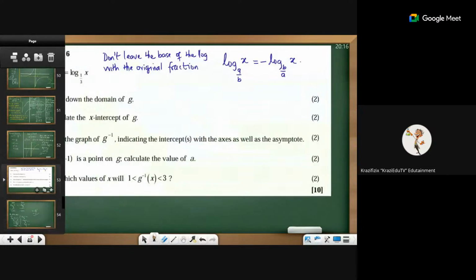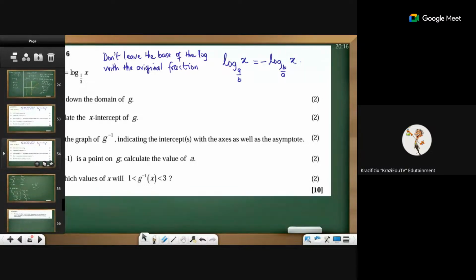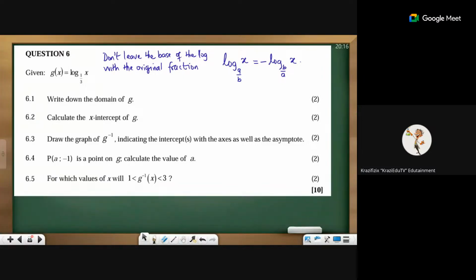Now that we know what the trap is, I see where the trap was going to catch us. The trap was going to catch us on 6.5. Can you see that inequality there? Or it might not, because we will have changed its inverse. It might not. But otherwise, let's get this one.